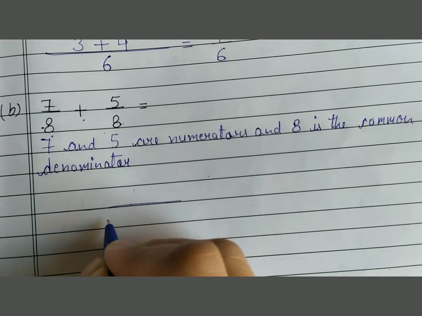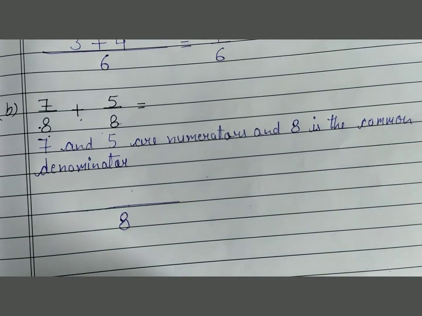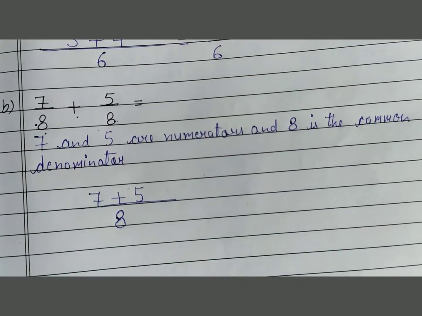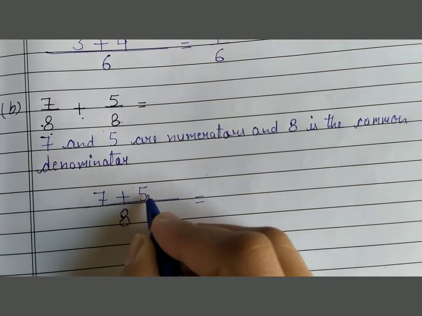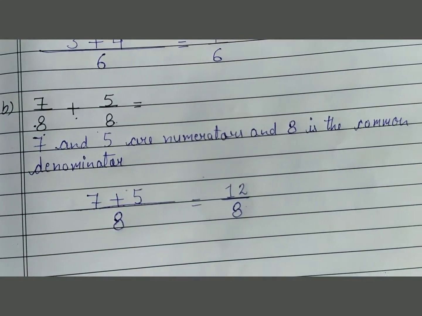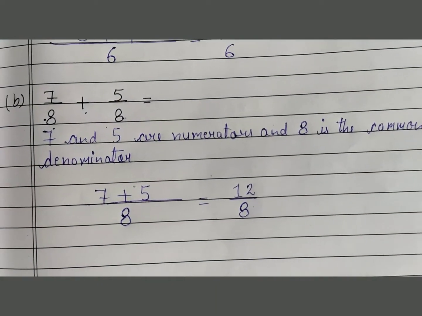Write 8 as a denominator. Sum of the 7 and 5 as a numerator, 7 plus 5 equal to 12 upon 8. Okay, this is the answer.